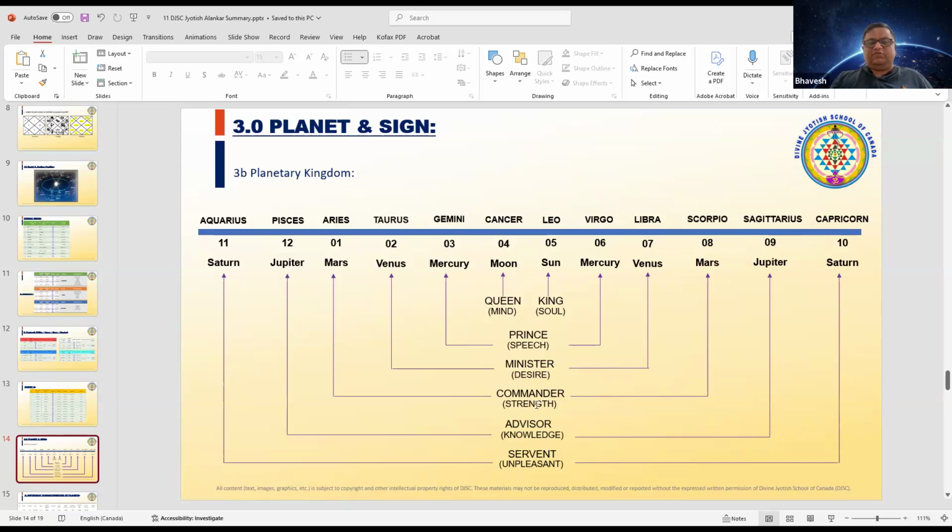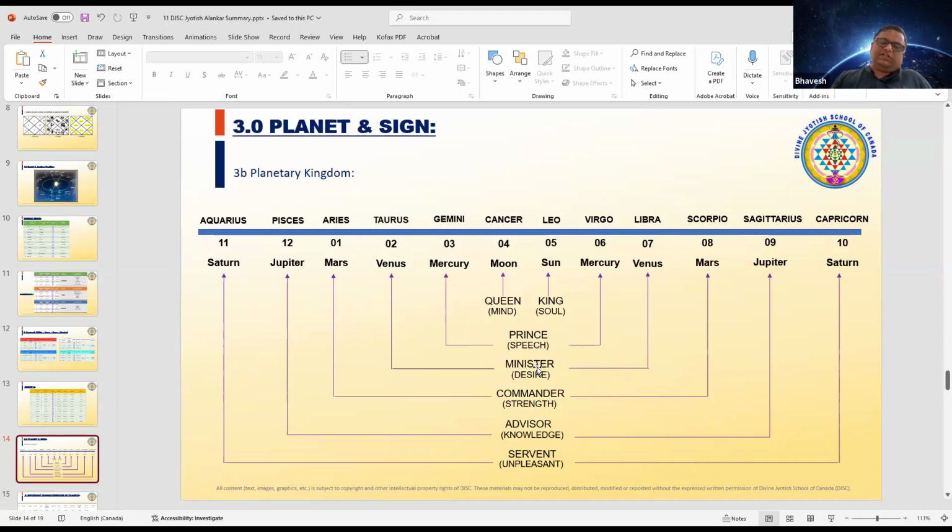Anything related to army, fighting, aggression comes under Mars. The minister is the one who takes care of all the financial stuff, managing the policies and portfolios. Basically, it's all your different desires.